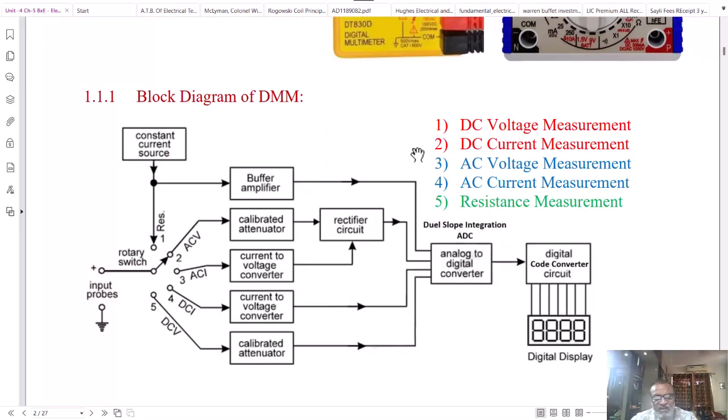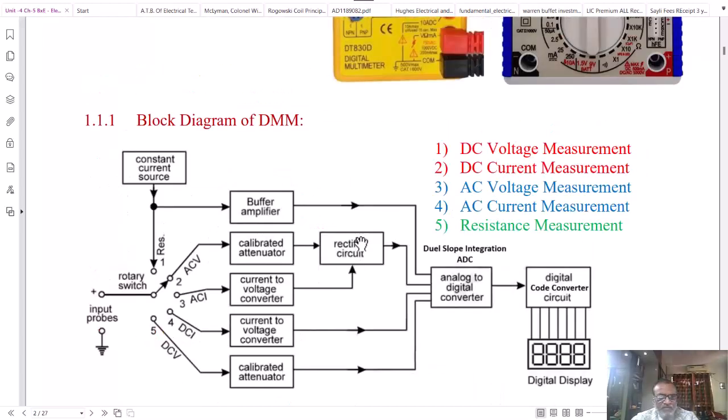We have already discussed that a multimeter can be used for measurement of DC voltages, DC currents, AC voltages, AC current, and resistance. Let us see how these measurements can be done by the internal circuitry of the digital multimeter. So the digital multimeter block diagram is shown here. The input terminals are shown here.